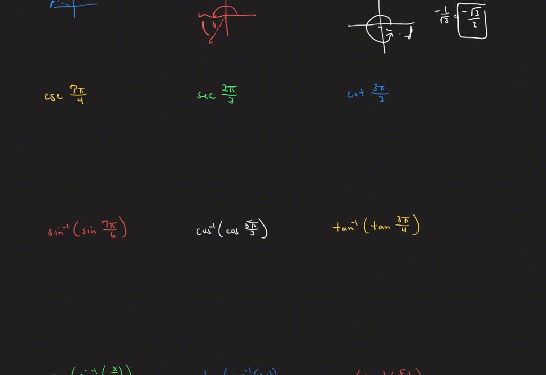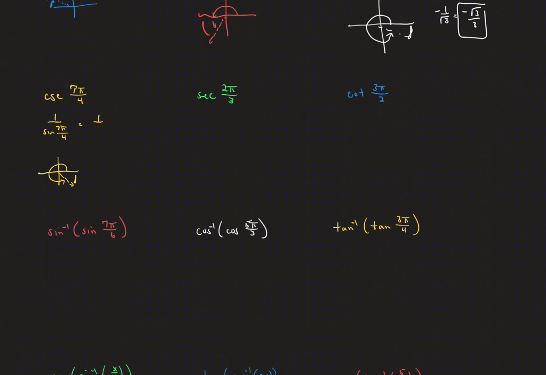Okay, now cosecant is 1 over the sine of 7 pi over 4. Notice we take the reciprocal of the sine. It does not take the reciprocal of that angle. 7 pi over 4 is 1 3/4 pi. That's going to take us all the way to quadrant 4. Our reference angle is going to be pi over 4.